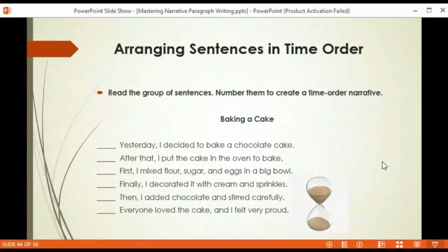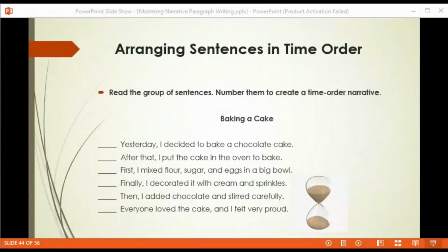Arranging the sentences in time order. Okay, now we will do an exercise together. Read the group of sentences, number them to create a time order narrative. Can you write in the chatting box the order of the sentences?